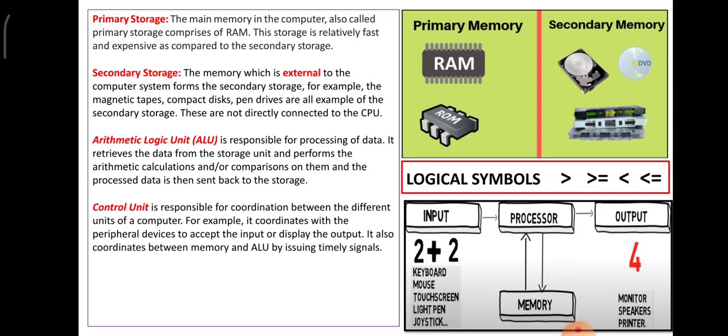Memory, as you know, above I have clearly given you the primary memory and the secondary memory. Primary memory is very fast. RAM and ROM are examples. The result gets stored there, and immediately the result, which is 4, is displayed on the monitor, which is the output device. What are output devices? Examples I have clearly given you: the monitor, the speaker and the printer.